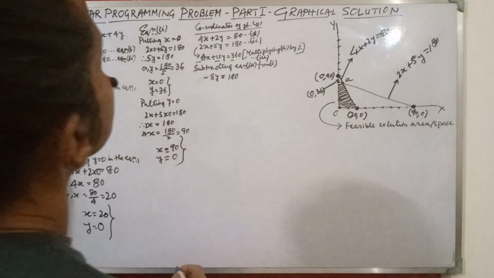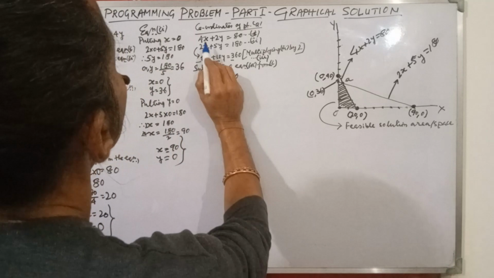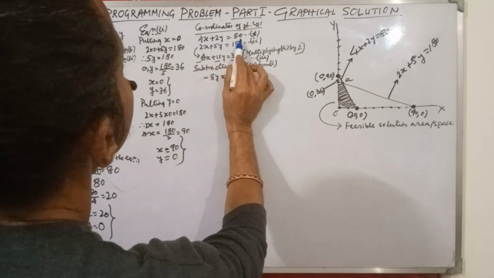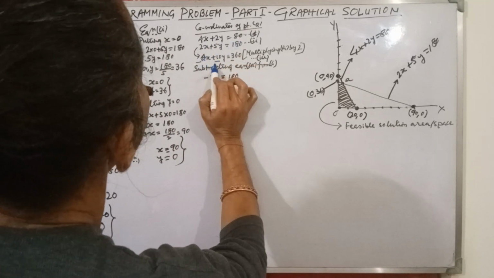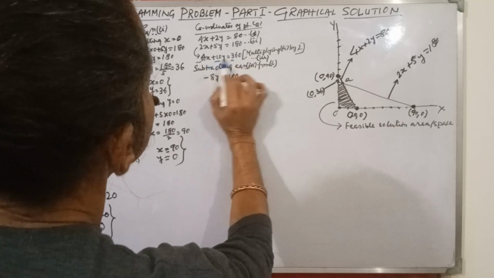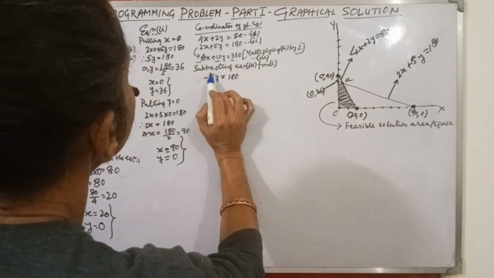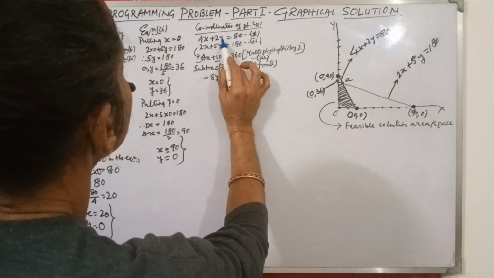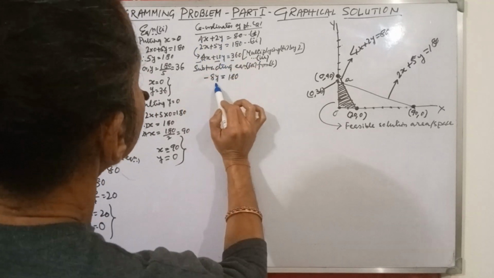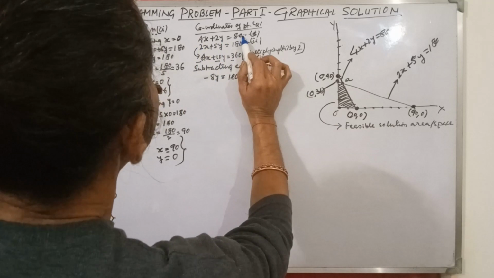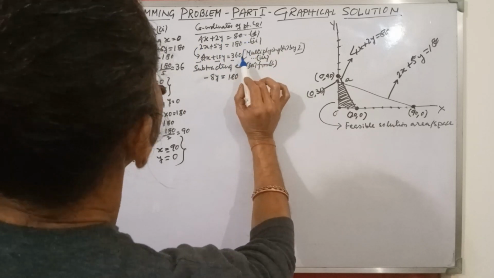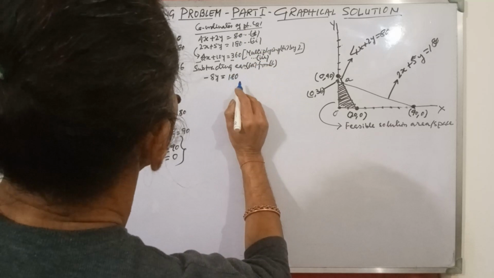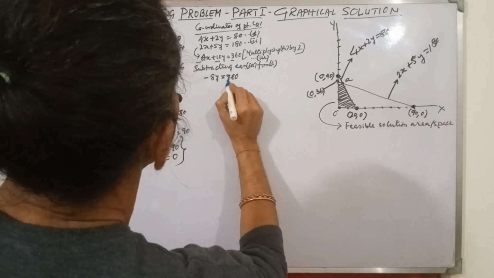Right? 4x plus 2y equals to 80 and 4x plus 10y equals to 360. We subtract equation 3 from equation 1, we get 4x minus 4x goes away, plus 2y minus 10y, so minus 8y, and 80 minus 360, that is minus 280.